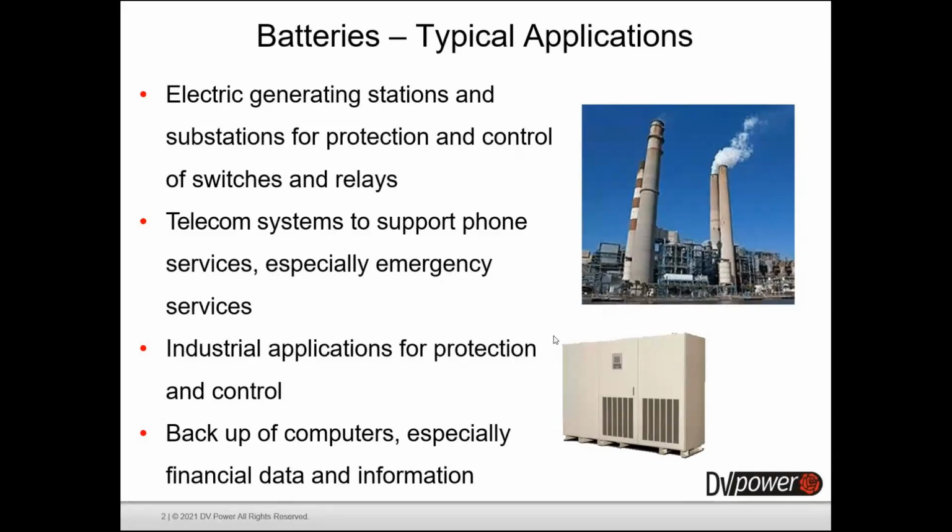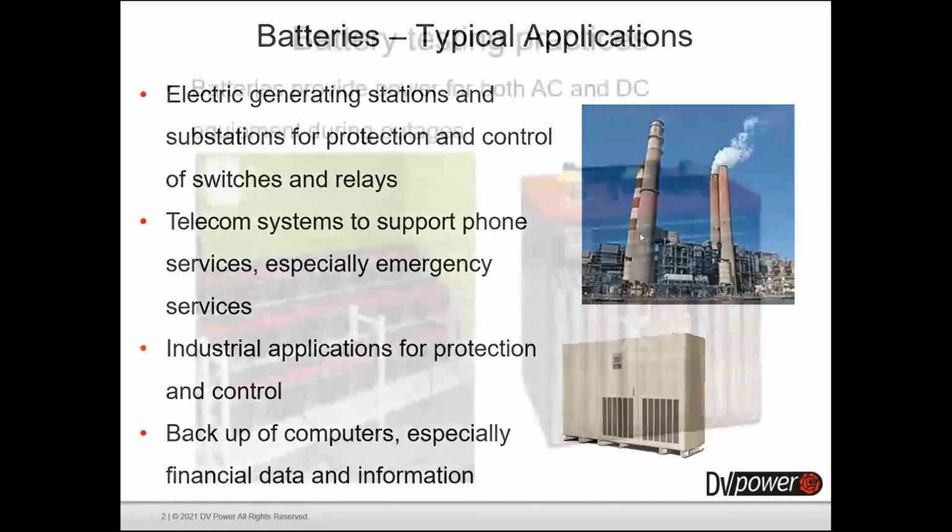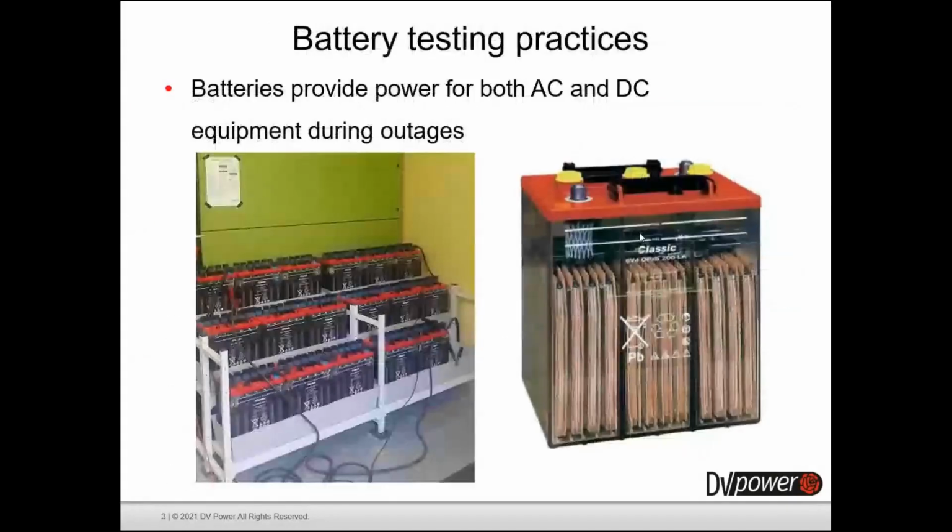But at the end of the discharging test, we don't have functional equipment because the batteries are discharged. That's why we need to charge the battery, and that's the second part of a capacity test. So the first one is a discharging test, and the second one is a charging test.